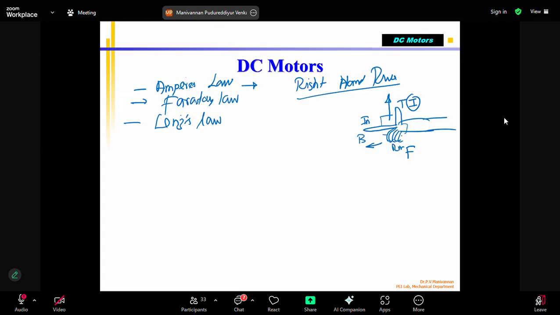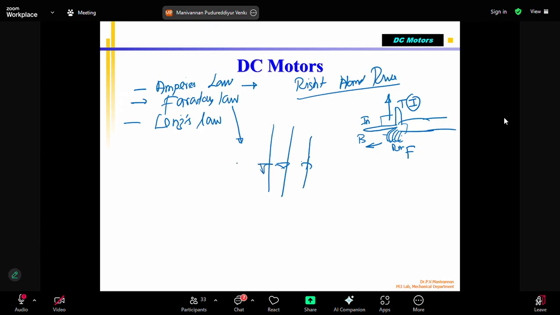The next one is Faraday's law. Faraday's law talks about how much force is created. Say I have a magnetic field going from top to bottom.